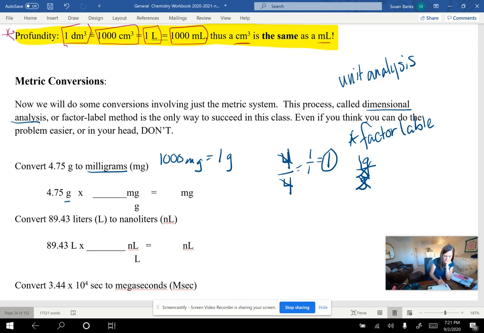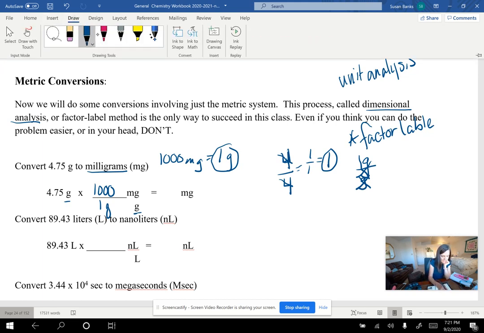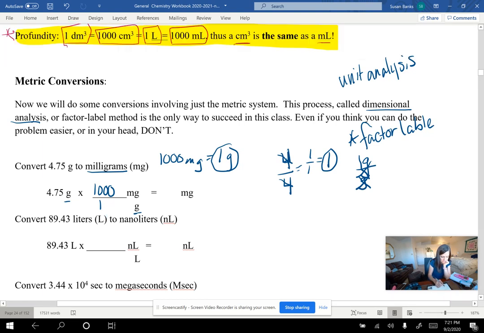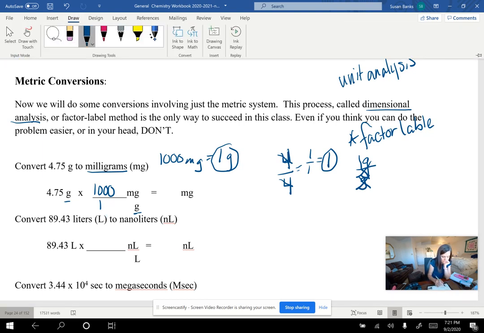So I have grams here on the top. And so the next step to get it to cancel out, I need to have grams on the bottom. So in this equivalence, I'm going to put 1 gram on the bottom is equal to 1,000 milligrams on top. So that helps me cancel out my unit of grams.